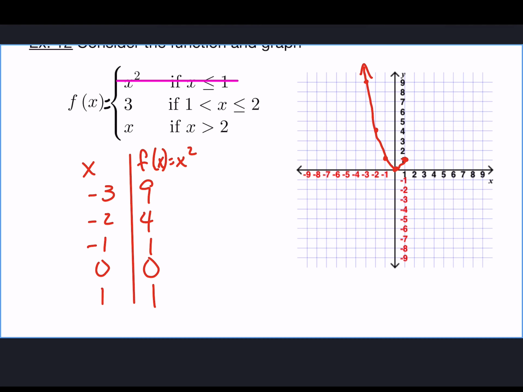So 1 is not included because it's included in the bottom one. And it's constant at 3 all the way to 2. That's our constant part.